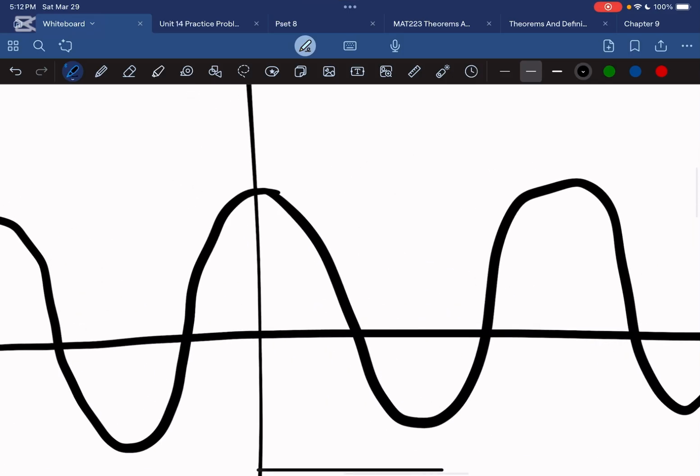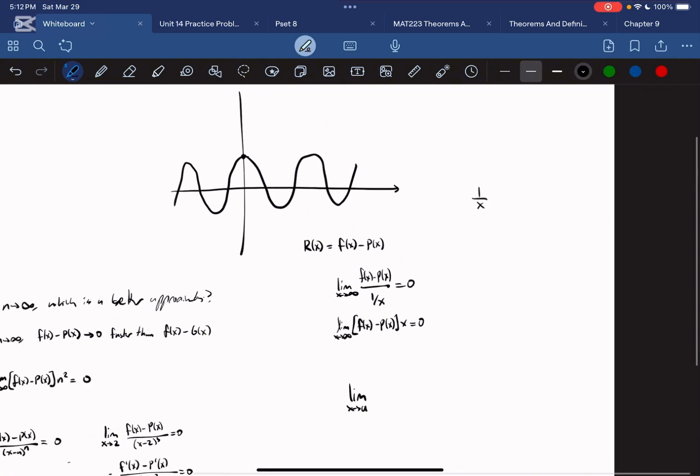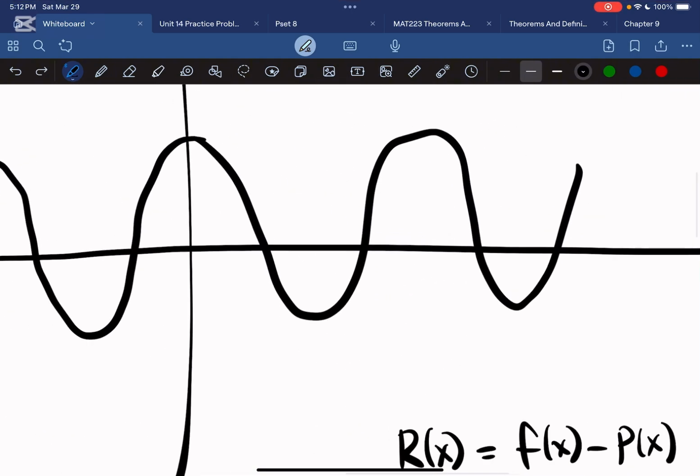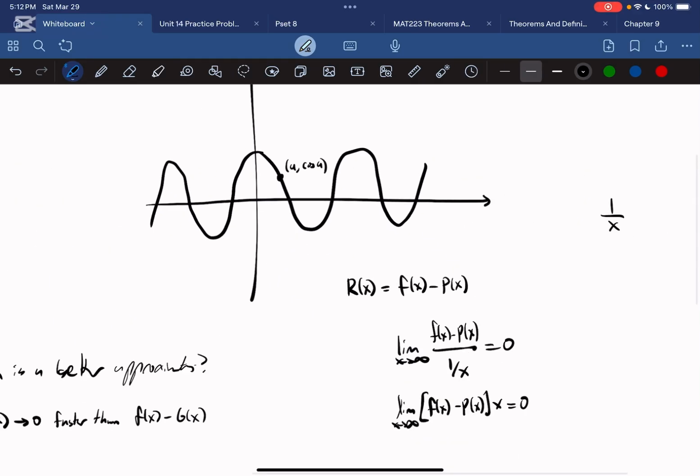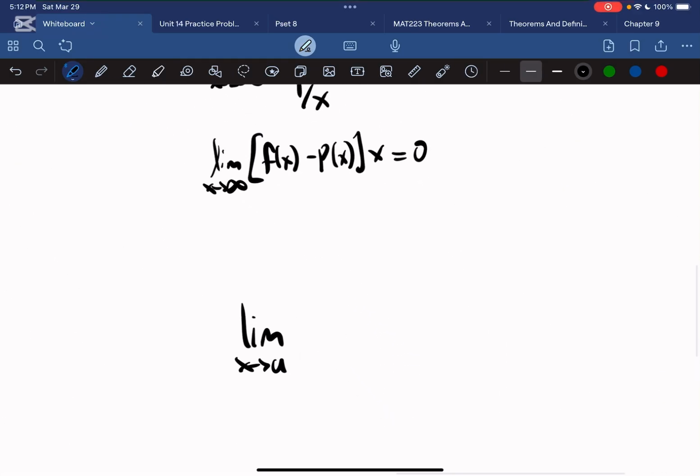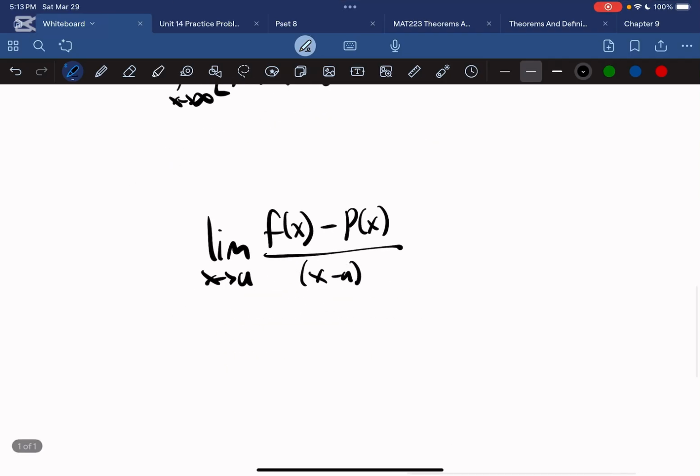If we want to approximate cos at some point a, we want to see the limit as x approaches a of f of x minus p of x over x minus a to some degree, let's call it n, and this has to equal 0.